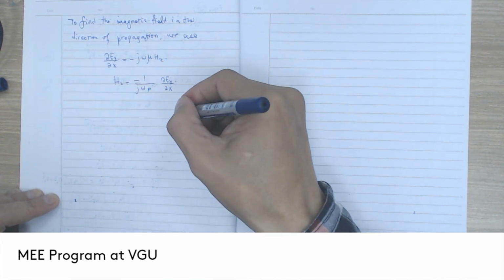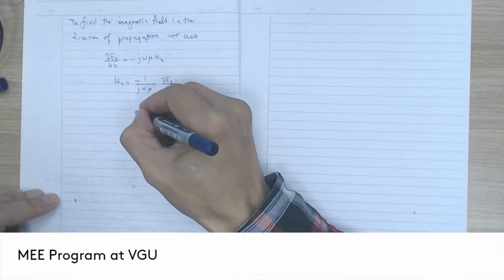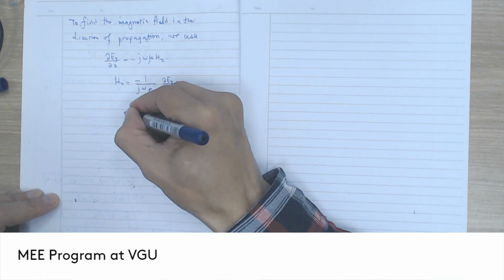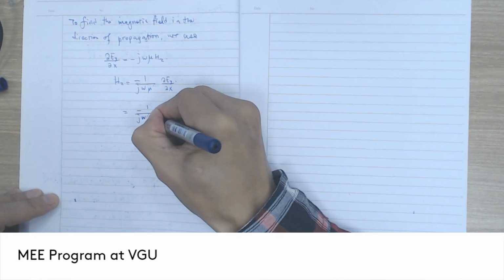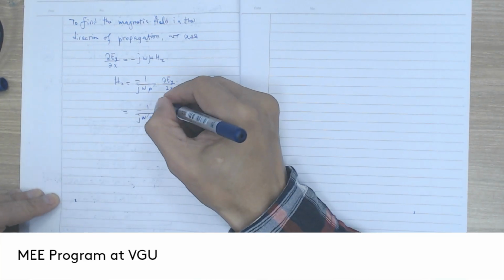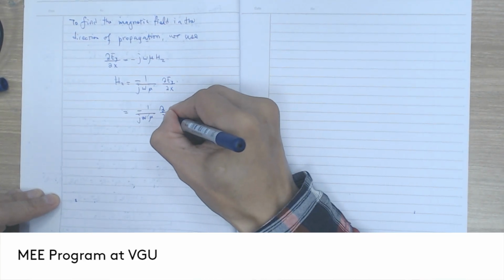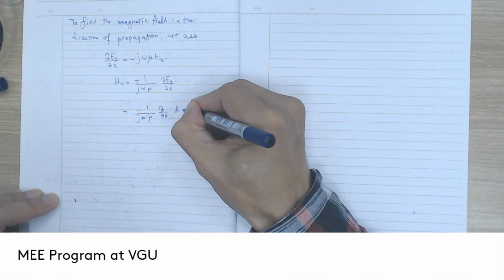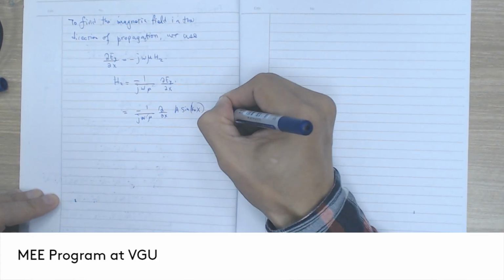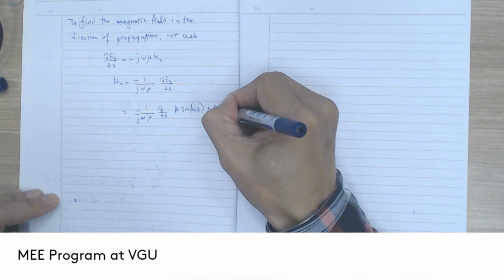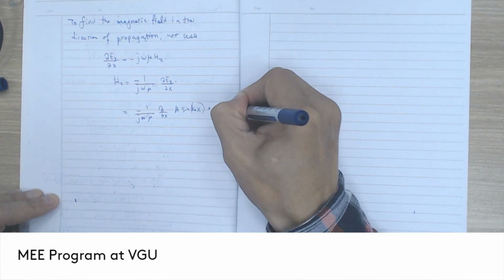So if you do that, then you will end up with A sine kx plus B cosine kx.